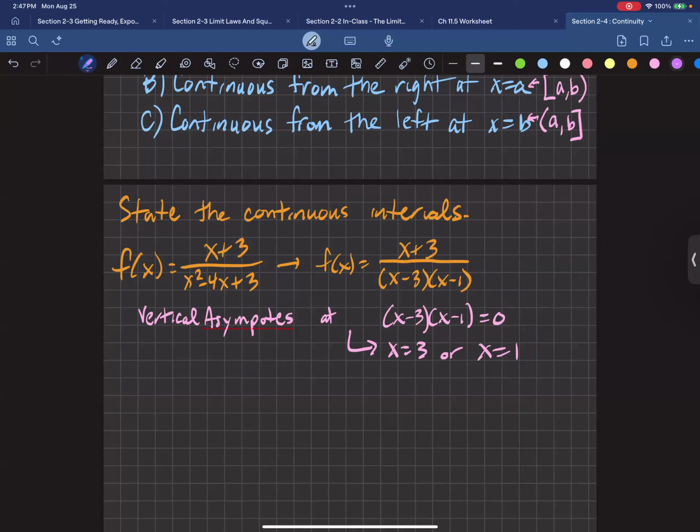So I'm going to cross them off. x cannot equal 3, x cannot equal 1, which means our continuous regions start at negative infinity and go up to 1, and we use a parenthesis because we're not including the 1. In union with 1 to 3, and then in union with 3 to infinity.